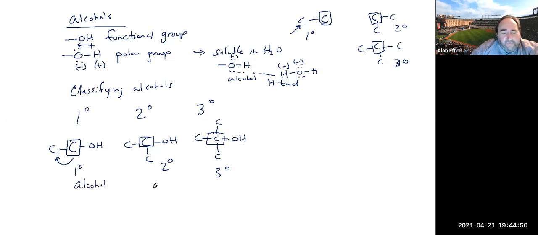So we could classify alcohols kind of like we classify carbons as primary, secondary, or tertiary. And that's really important because depending on the type of alcohol, primary, secondary, or tertiary, it will result in a different sort of reaction or outcome.